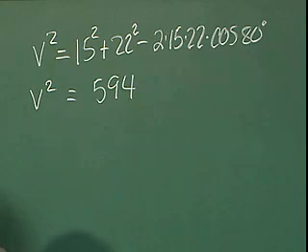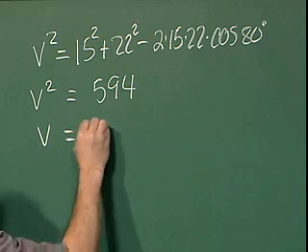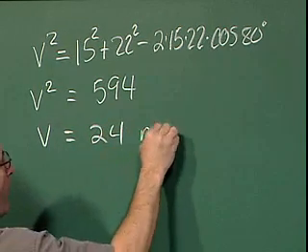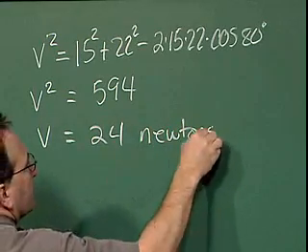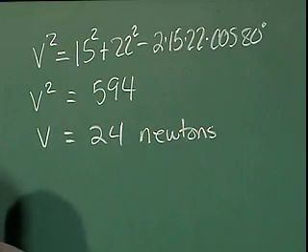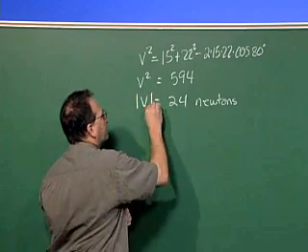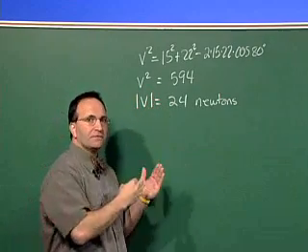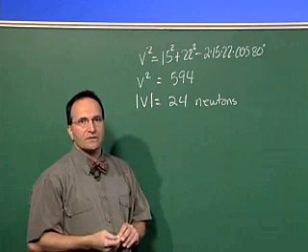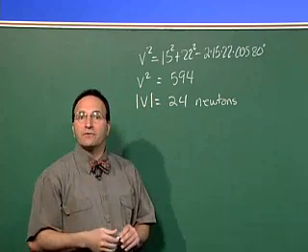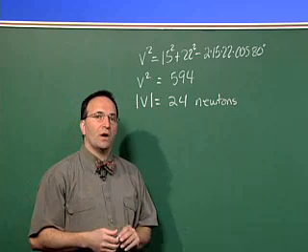And taking the square root, I find that V is approximately 24 newtons, since it is a force. Remember, this is a magnitude, so we should put our absolute value bars around the vector V to indicate that that's the magnitude.